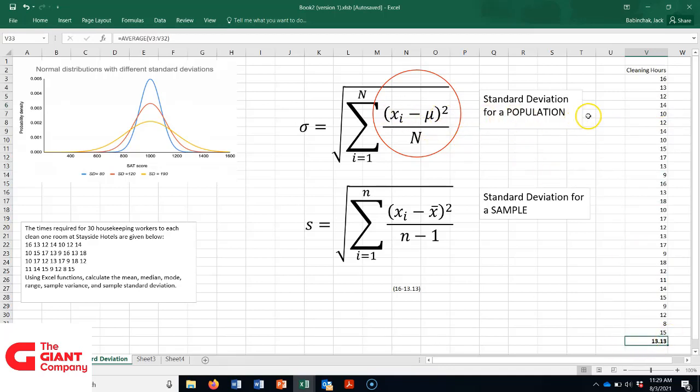And I would go all the way along here until I finally got down to this last observation, this last x. It would be 15 minus 13.13 squared. And then I would add all of those together to come up with my numerator, and then divide by the number in the population. This obviously isn't a population, it's a sample, but if it were a population, I would divide by the number in the population, right?